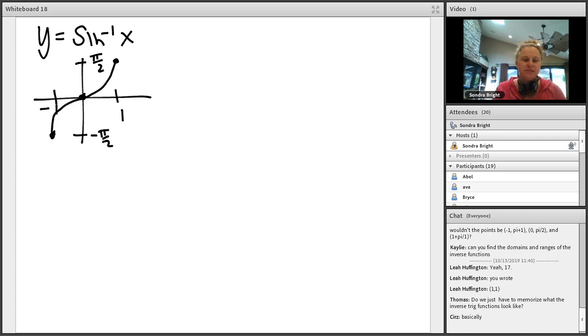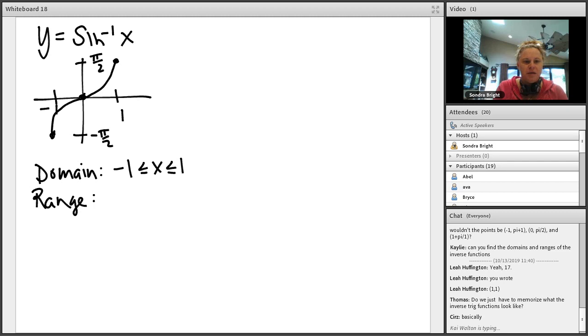All right, so there's inverse sine. So your domain is -1 to 1, and your range is from negative pi over 2 to positive pi over 2.